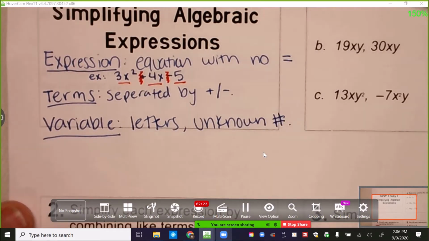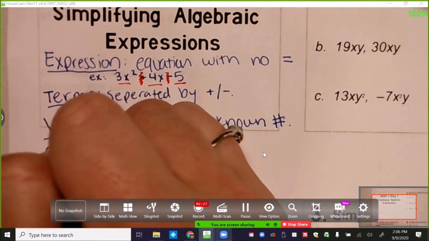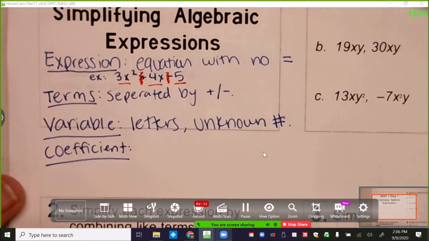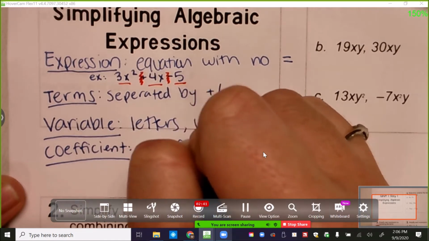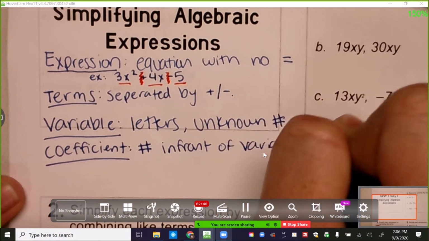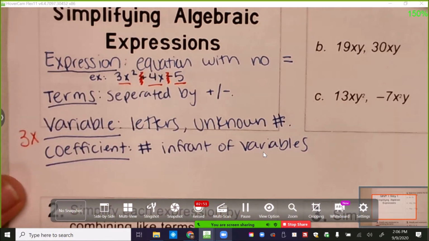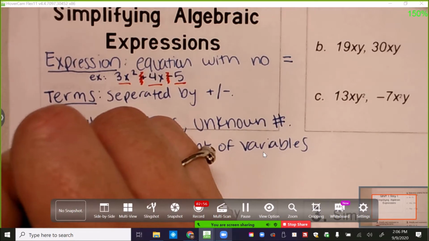One more definition, I promise. Variable and a coefficient. Who remembers what a coefficient is? It's the number in front of the variables. So if I give you an example like 3x, your coefficient is 3, and your x is the variable.